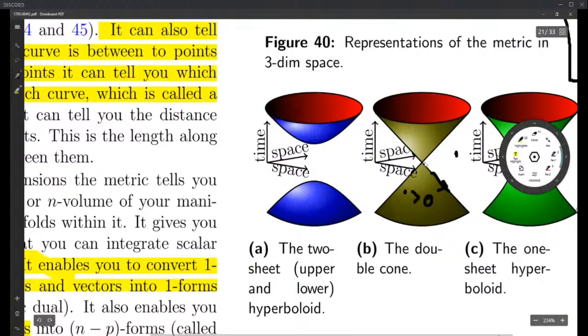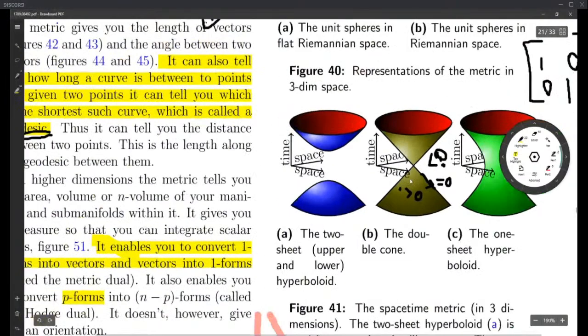If I calculate the length right along this edge, and there is a reason this edge is very important, because in Minkowski space, we have a convention of representing the line that makes a 45-degree angle to all the axes.